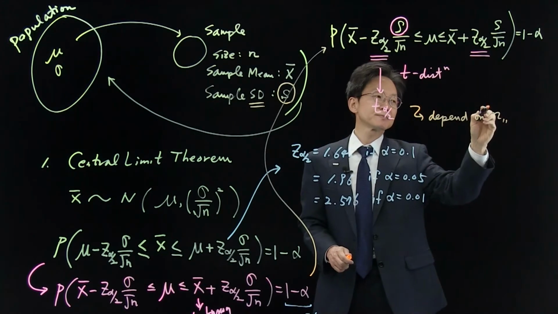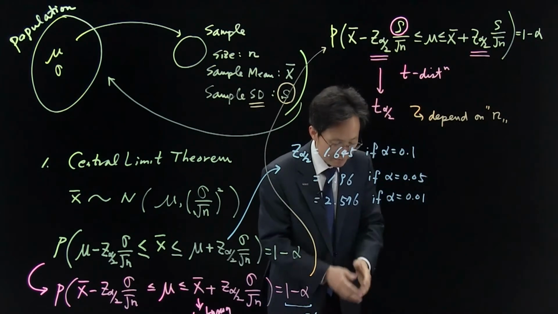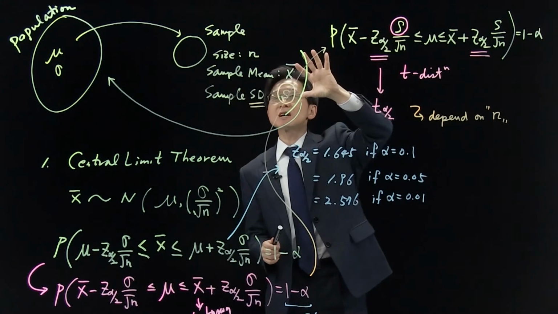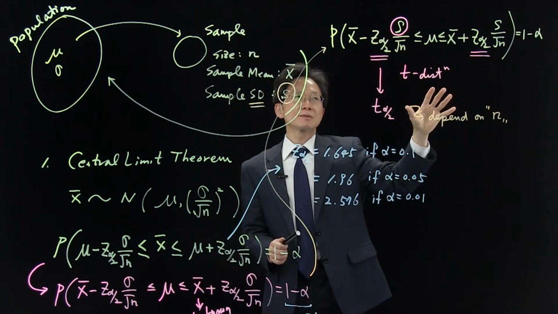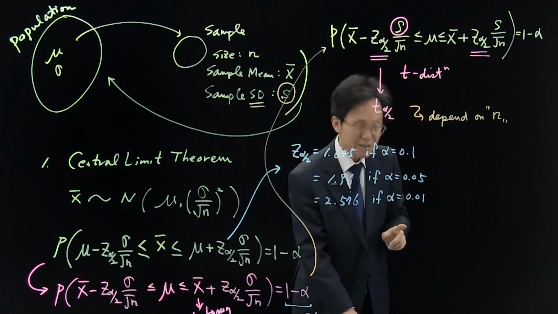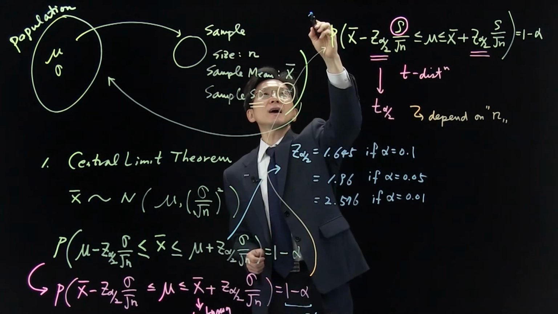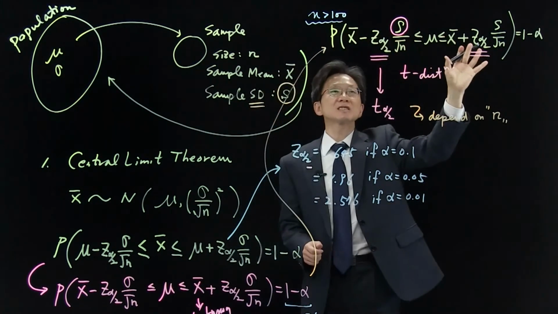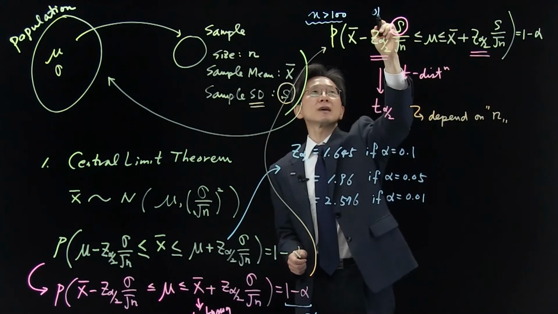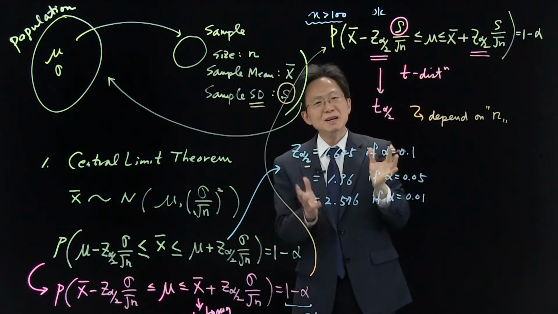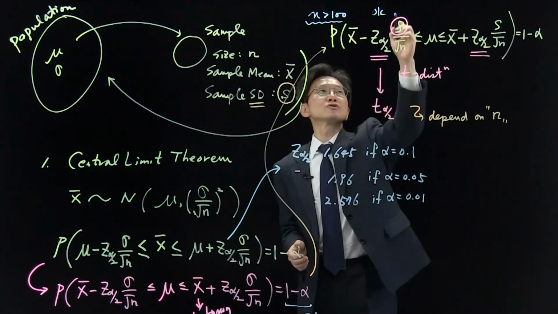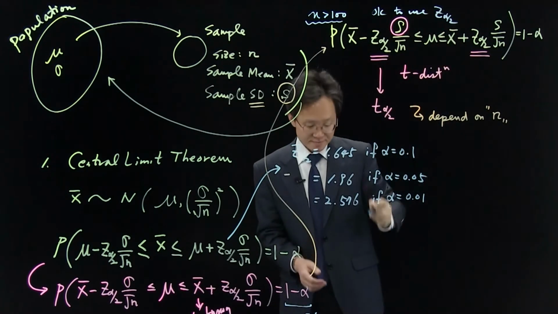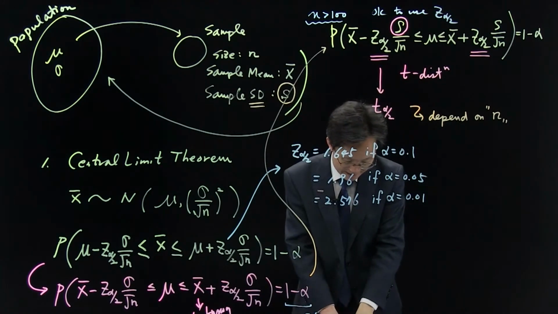the sample size. Let me repeat what I meant. If the sample size is large enough, as a rule of thumb, if n is larger than 100, I would say it's probably okay to use z values, z alpha over 2.